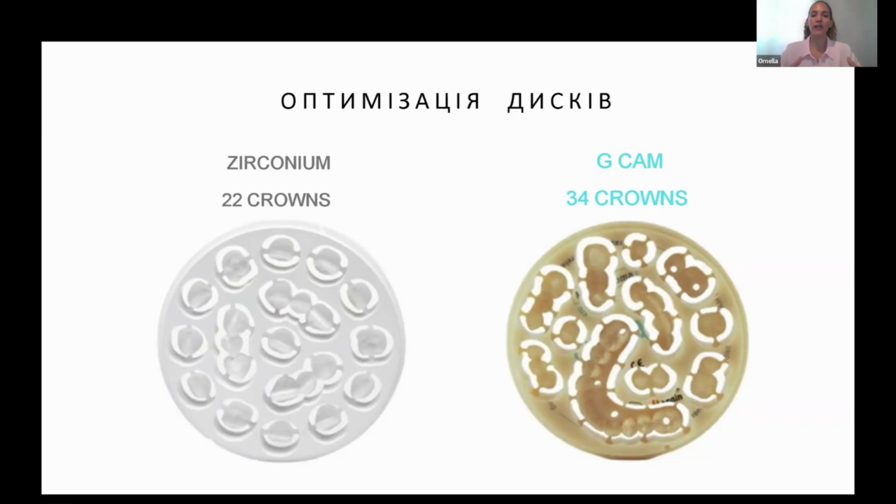So we need to mill bigger, and then the sintering process is going to reduce it to the correct size of the crown, okay? Obviously, this means we can't mill so many crowns inside the zirconia disc. In the case of G-CAM, we could mill 1 to 1, so we are going to obtain more pieces inside our disc. This is going to give us more profitability, it's going to lower the cost, and also it's going to speed up the process.